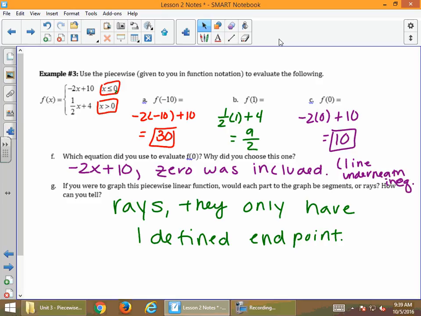When you're graphing, it's super important to plug those values into both, even if it's not included. Because on your graph, you'll indicate that it's not included by putting an open point. So don't think, it's not included, I can't graph that point. You still need to, you just show that it's not included by putting an open point. You just don't do it when you're evaluating.